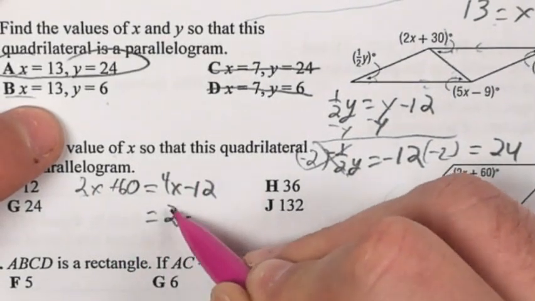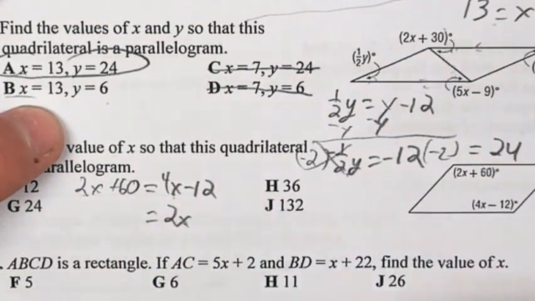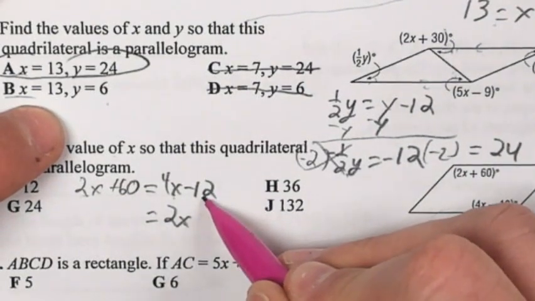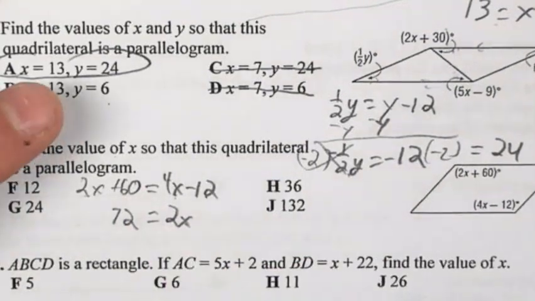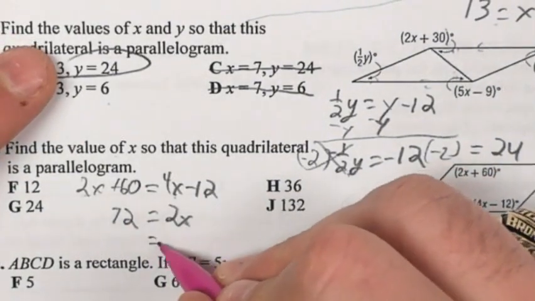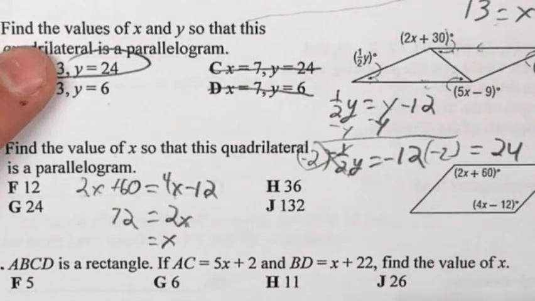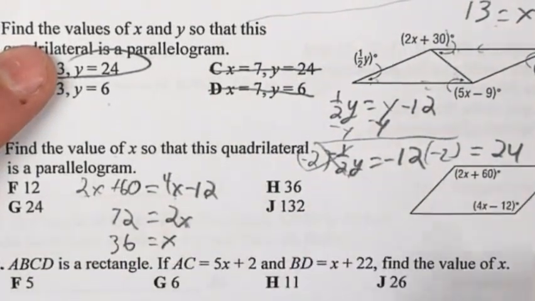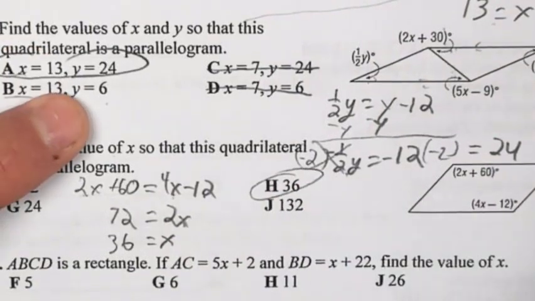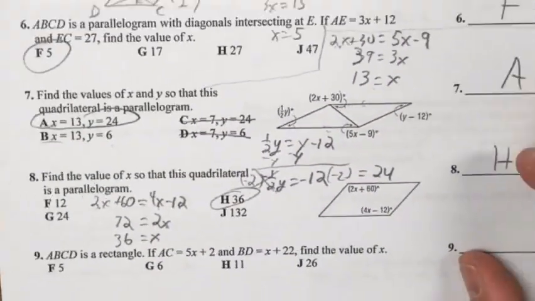Leaves me with 2x on the right. 4x minus 2x is 2x. I'm also going to add 12 on both sides. So 60 plus 12 is 72. Now divide both sides by 2. And 72 divided by 2 is 36. So the value of x is 36, choice H.